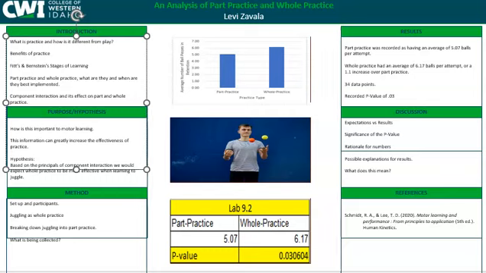For the method of this lab, the setup was to have two participants, and one of them is going to be juggling using whole practice. So in each block, they're going to juggle 3 balls and try to go as many rotations as they can. Specifically, we're tracking catches of a ball. The part practice participant will have their task broken down into 3 stages.